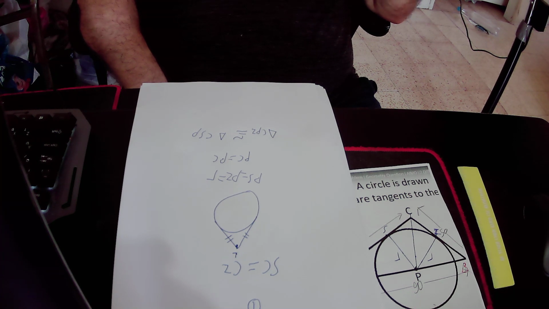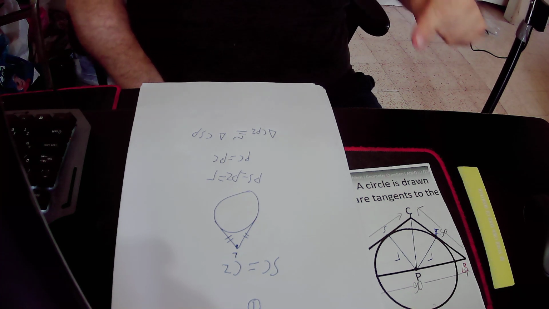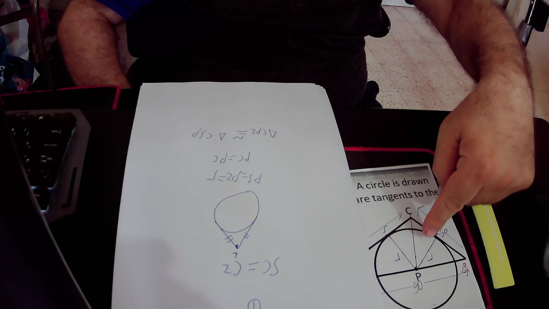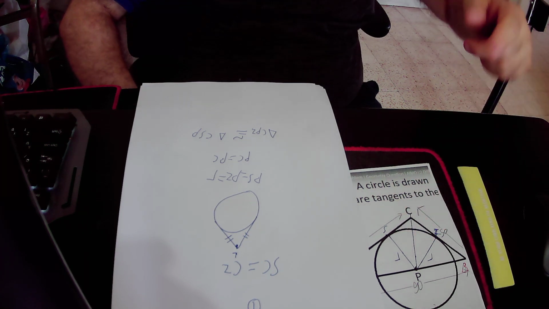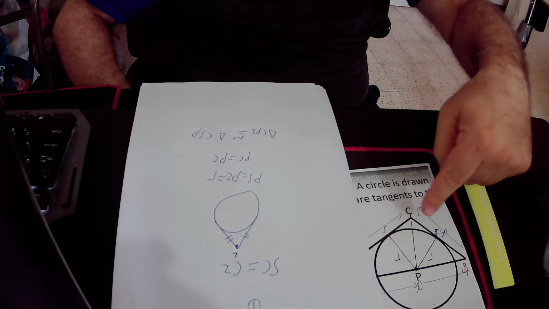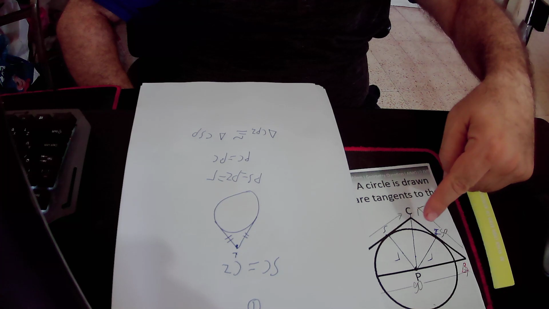They overlap. So this triangle is congruent to this triangle because they have three sides in each triangle that equal each other. This side in this triangle equals this side in this triangle.